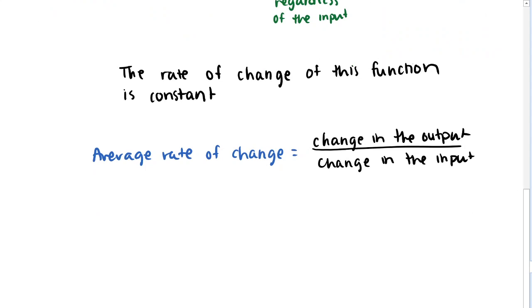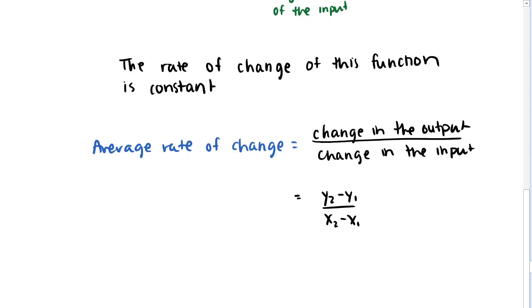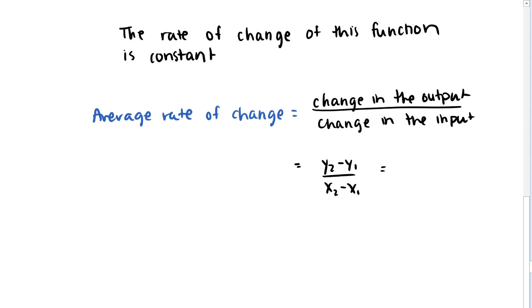We've seen this as y2 take away y1 over x2 take away x1 if we have 2 points, (x1, y1) and (x2, y2). In function notation, we can think of these y values as outputs: the output corresponding to x2 take away the output corresponding to x1, divided by x2 minus x1. So this is another way of talking about the average rate of change.